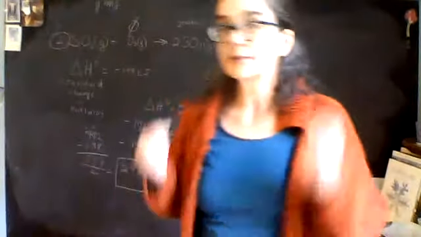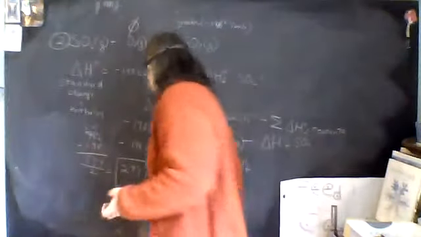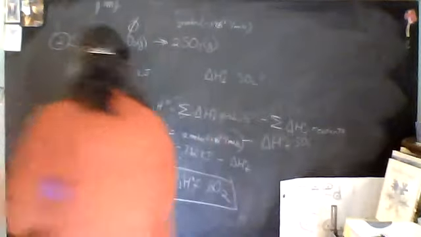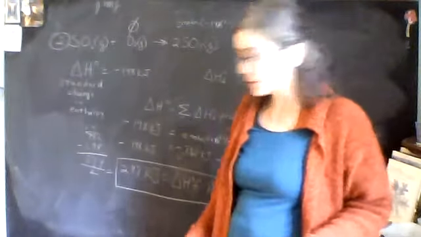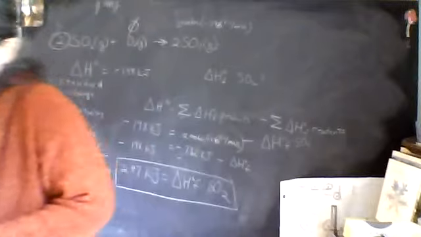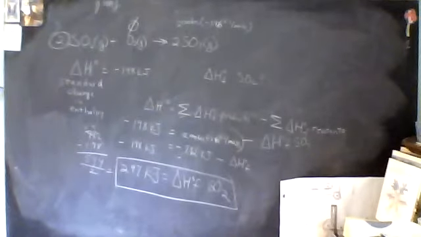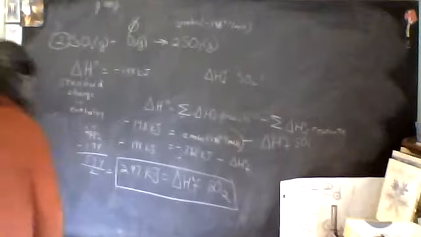Let's try number 4 in this same video. Using the delta H you got in number 2, calculate the number of kilojoules of energy released when 500.0 grams of benzene are burned in excess oxygen. Okay, so number 2 is in a different video.